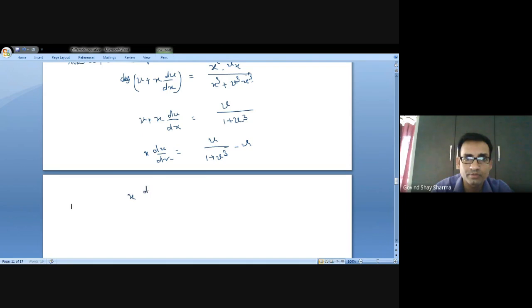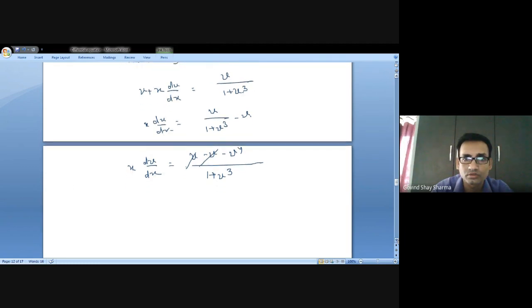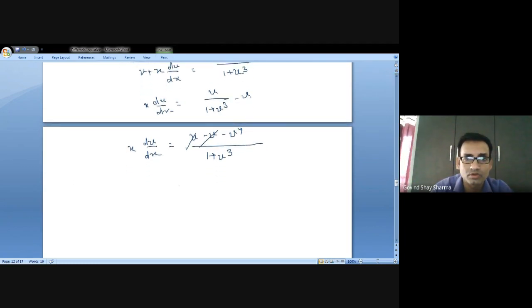Here this cancels, and we find x dv upon dx is equal to minus v to the power 4 upon 1 plus v cube.